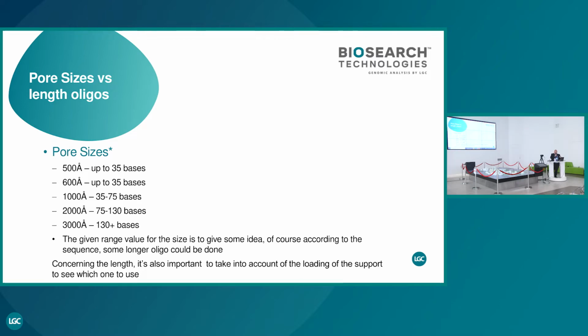If you take a higher pore size, maybe the loading is lower, so you have to decide on a good balance. But I always recommend a big pore size, so that your oligo will grow easily. So for oligos, usually 1000 angstrom, or 2000 angstrom for the long oligo; for 80 mers, 2000 angstrom is required.